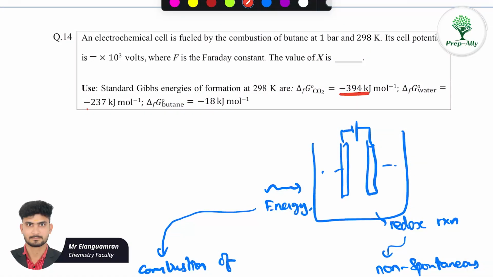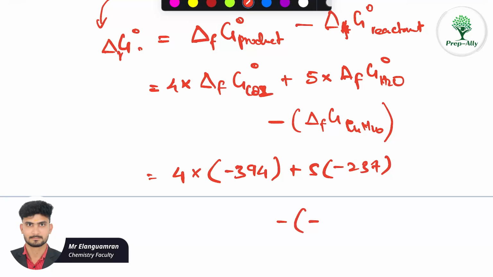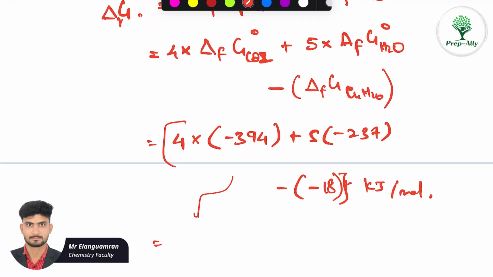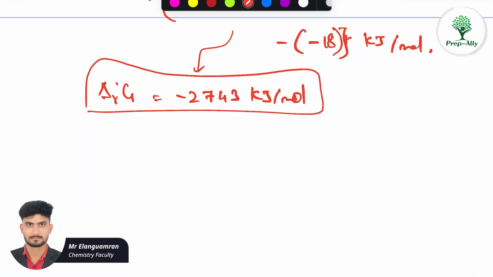Minus 394, minus 237. So CO2 is minus 394 and H2O is minus 237, and I have minus of minus 18. All of these are in kilojoule per mole. So if you do this calculation, you will get around minus 2743 kilojoule per mole. This is the amount of energy that I can derive from the combustion of butane.